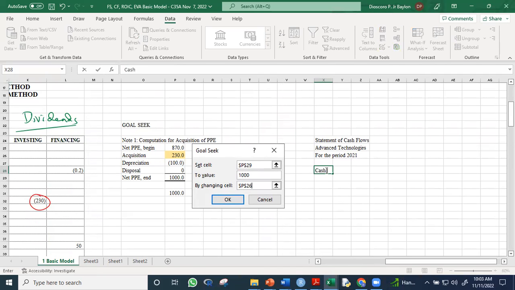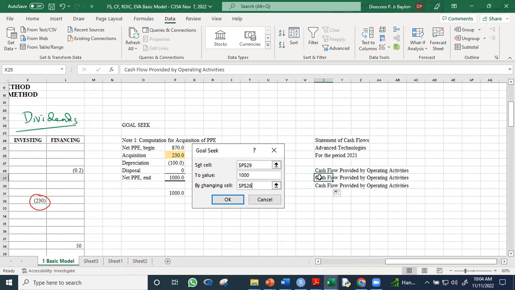Okay, cash flow provided by operating activities. Let me just copy this.